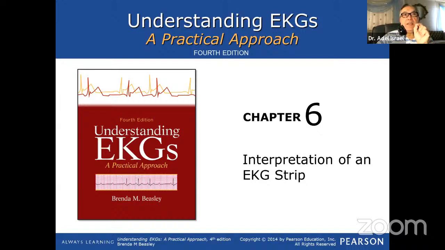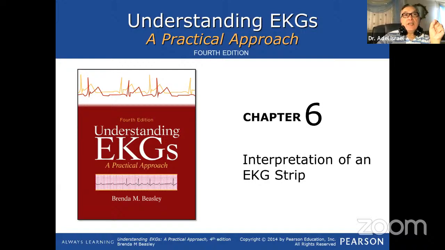We talked about this yesterday, and another point we are going to discuss is when we look for the time. We mentioned before, for refreshing your knowledge, that the small box time is 0.04 second, and the big square or big box time is 0.20 second.